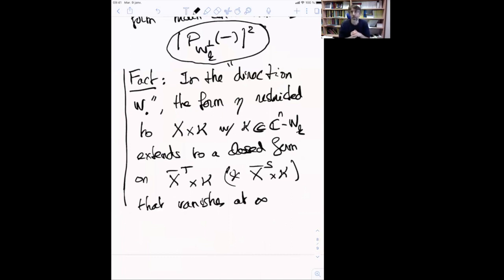I mean, it's a sphere with a discrete topology, so in some sense, it tells you that there are as many directions as there are points in the sphere at infinity.